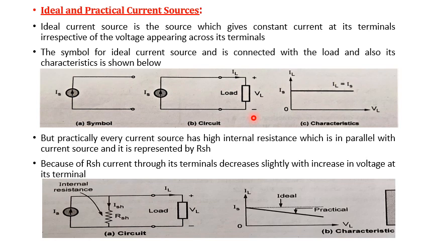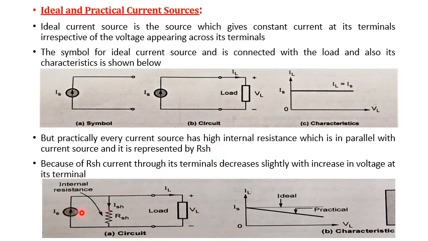But practically it will not happen. Practically, there may be a high internal resistance which is in parallel with the current source, and it is represented by RSH. That is called the practical current source. So the practical current source consists of a high internal resistance, which can be represented as RSH. Here it is shown in the circuit.